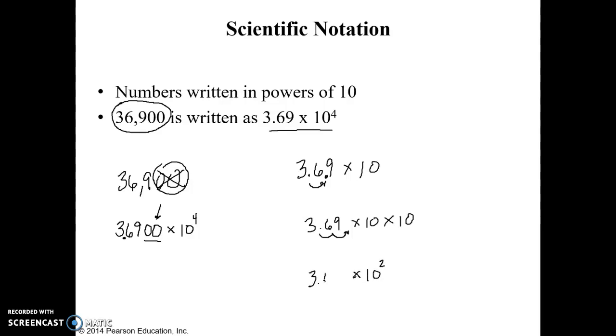So 3.69 times 10 squared means we move the decimal point the number in the exponent. So when we take 3.69 times 10 to the 4th, we just move this decimal place 4 times: 1, 2, then 3, 4, and we put zeros in as placeholders. So that equals 36,900. And I'm about to run out of time, so we'll resume in the next video.